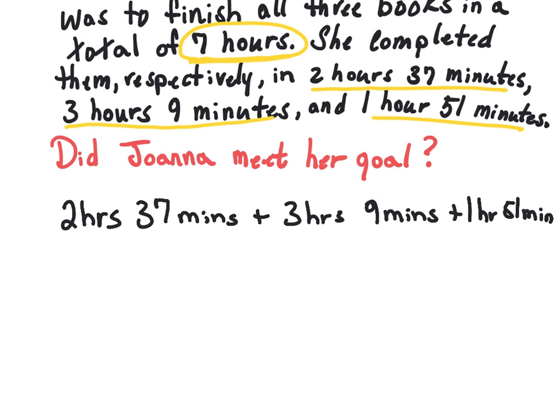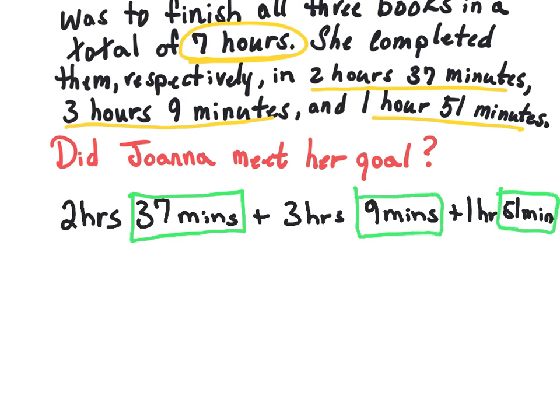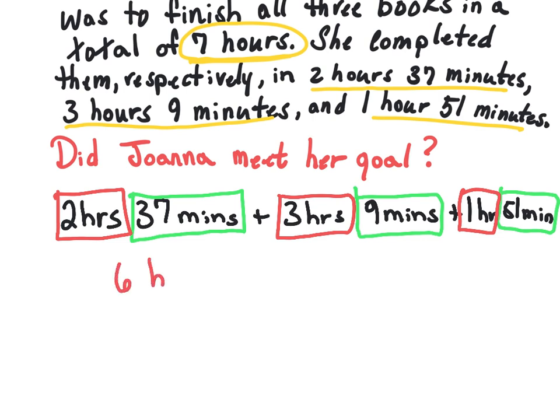Well, let's focus on the minutes here and here. Since we're adding, we can match up all of the like units. So automatically, and let's look at the hours too. We have 2 hours and 3 hours and 1 hour. So adding that up, 2 plus 3 plus 1, we've got 6 hours.